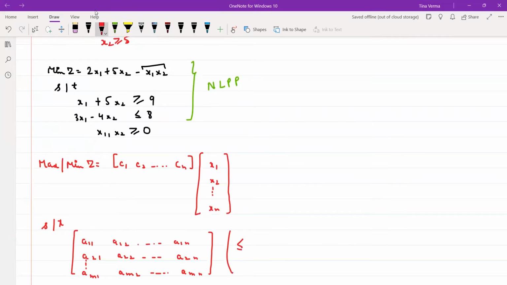The inequality can be less than, greater than, or equal to.